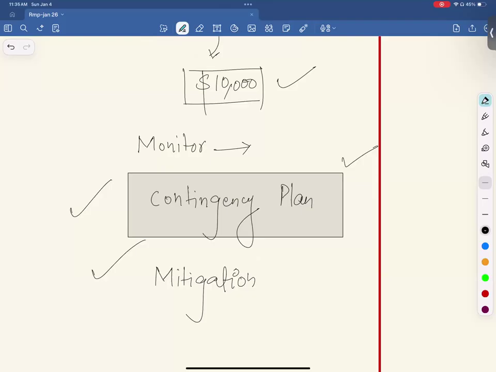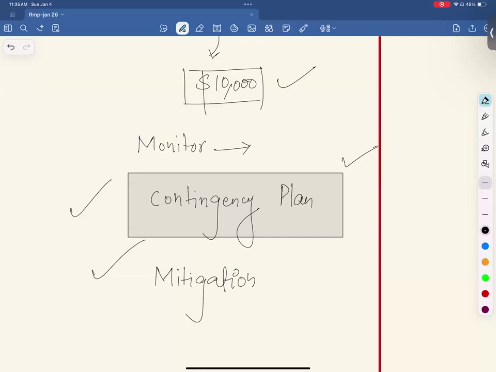Sir, mitigation, we can say, is to plan the risk response in such a way that we avoid the extra cost which we would have to bear without managing this risk. And contingency is that response where we have some reserves to respond to those risks. I mean, we are parking some reserves for those.